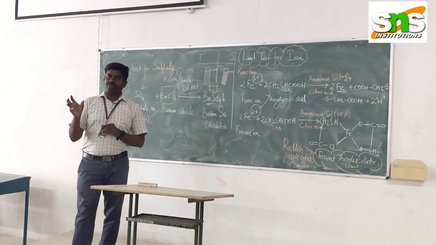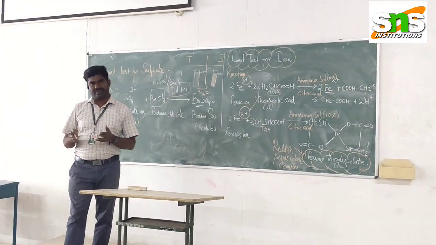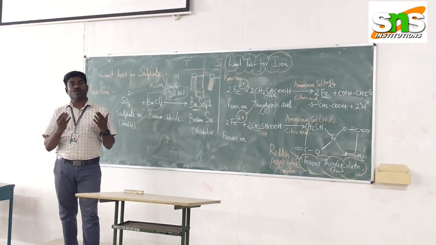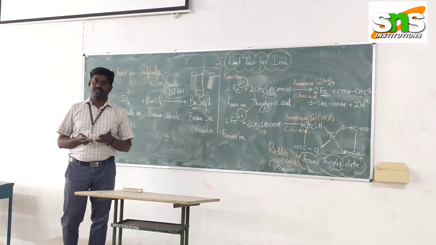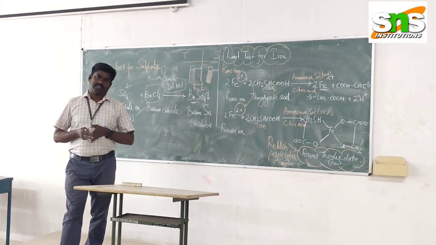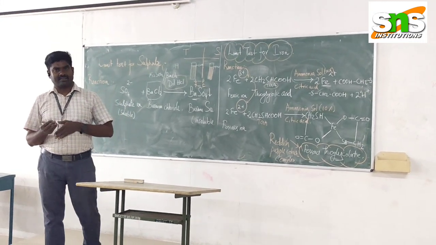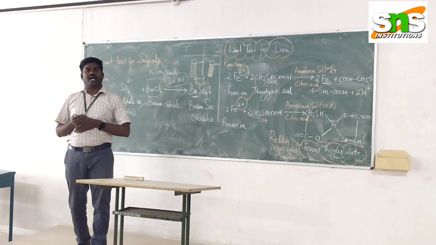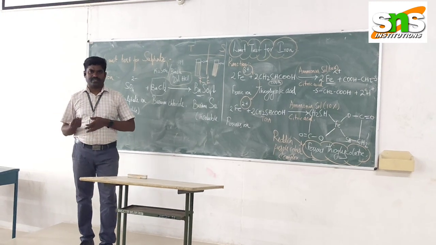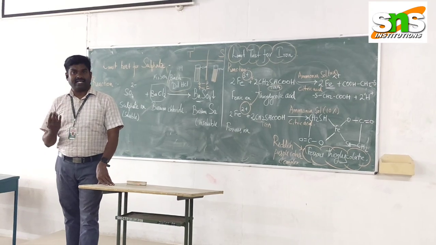The turbidity produced with the test is compared with the standard. If the turbidity produced by the test is more than the standard, it means the given sample fails the limit test for sulfate. If the turbidity produced by the test is less than the standard, it means the given sample passes the limit test for sulfate. Or another option, the turbidity produced by the test may be equal to the standard.